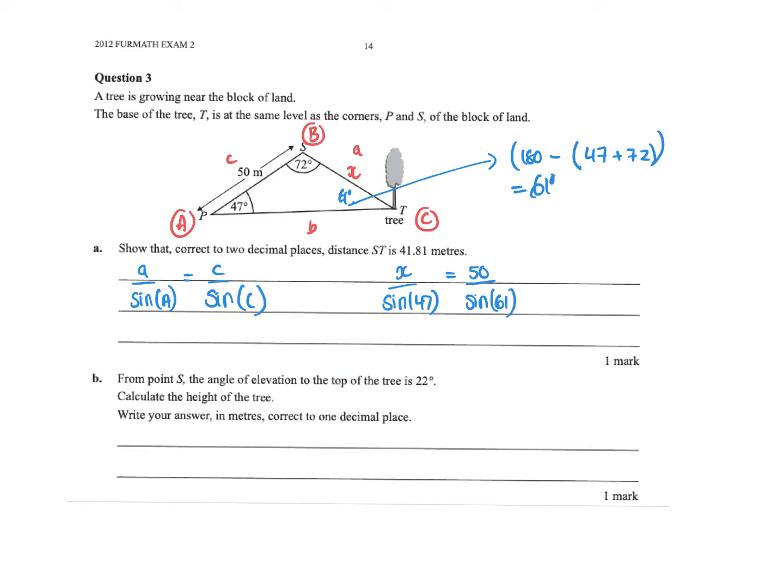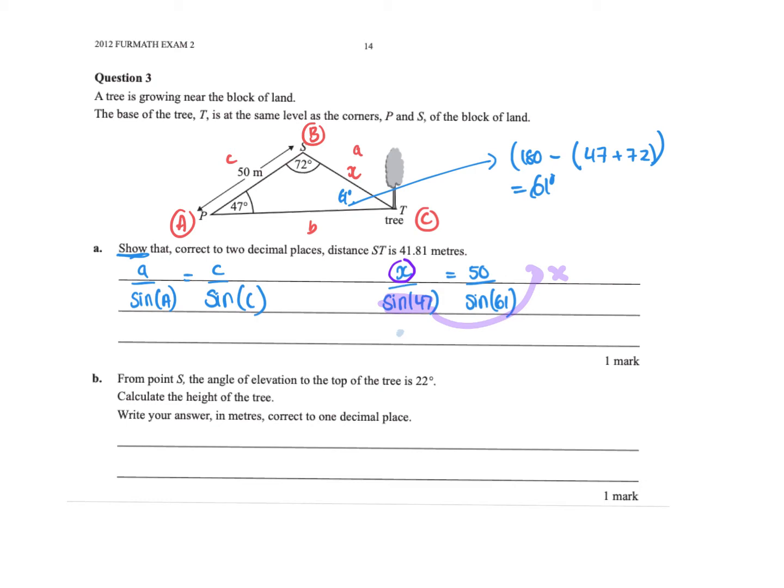Okay, now because they want us to show, this is how they're getting around that you can't use the solve function. So we just want x by itself, because you want to show that. Because this number down here is dividing, if you move it over, it'll be multiplying.